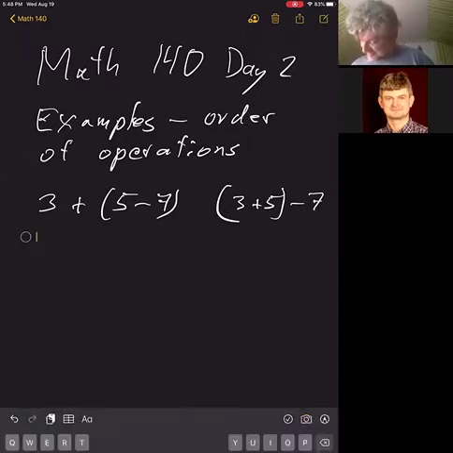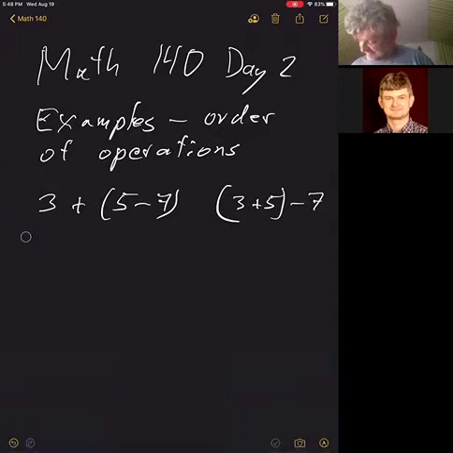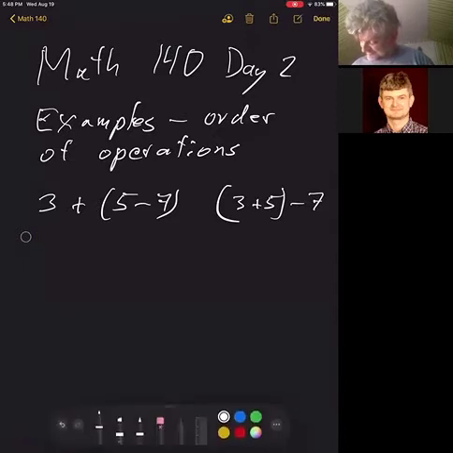So we put a nice equal sign in between. And the parentheses obviously means that we've got to do the 5 minus 7 first on the left, and we've got to do the addition, the 3 plus 5 first on the right, and then the other operations.